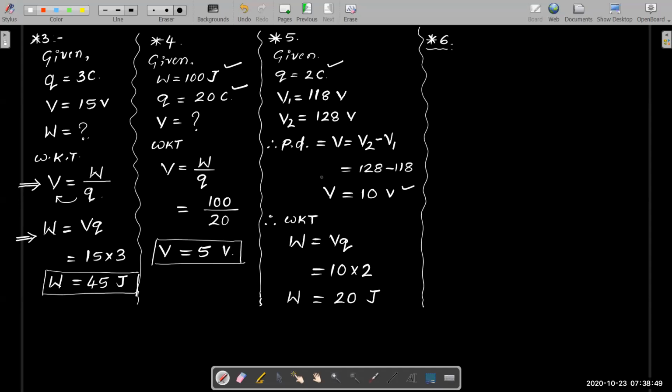The potential difference between the terminals of an electric heater is 75 volt when it draws a current of 5 ampere from the source.